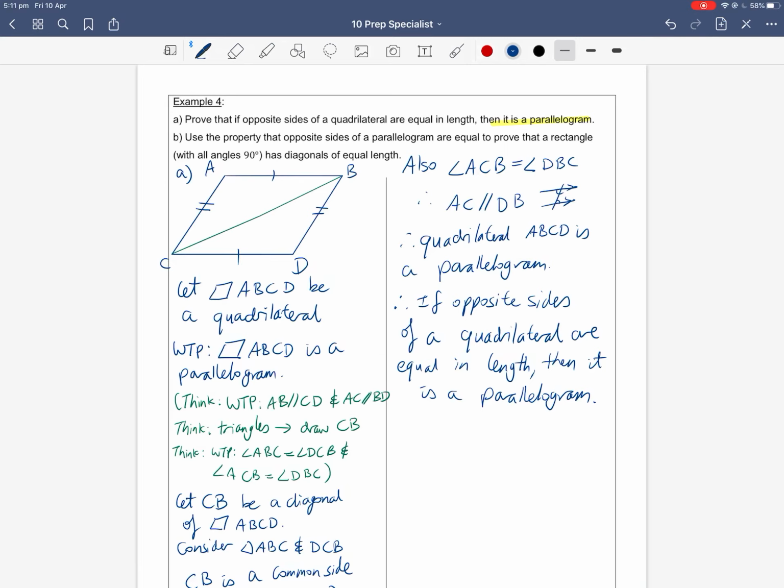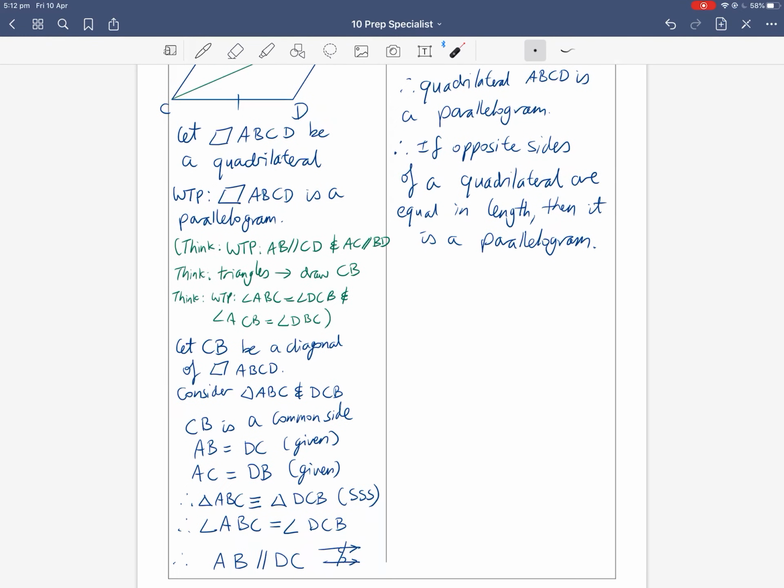So with these quadrilateral proofs, start off with a diagram, make sure it's labeled, make sure you use a ruler to draw the straight lines, write down your goal, your wanted proofs, have a think about what tools you need, what steps you need to be able to prove what you want. Most likely, 99% of the time, you'll be using congruent triangles, and the alternate angle rule, or the co-interior and the F rule.